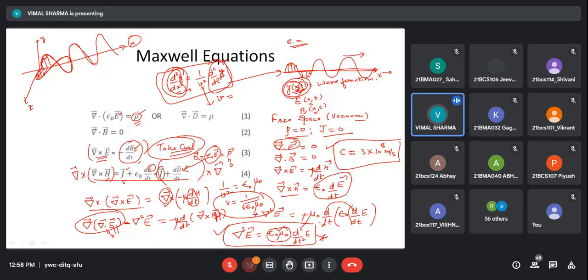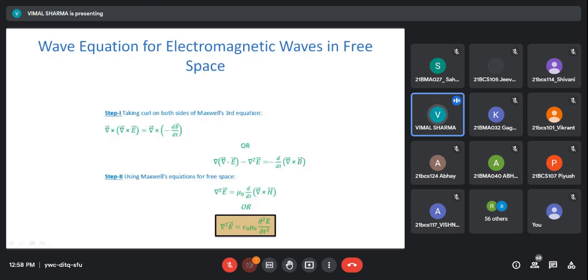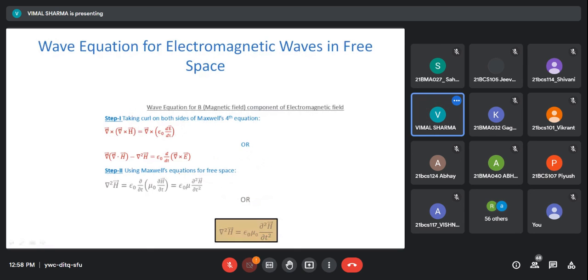Again we know that this is free space, which means no displacement current, no conduction current and no charge density.